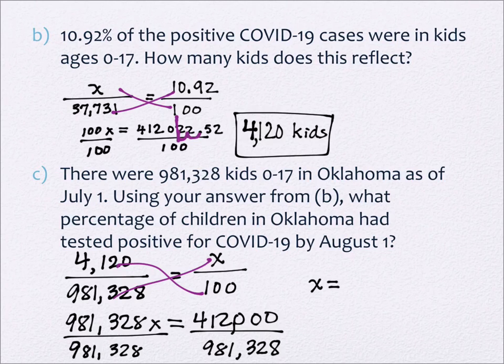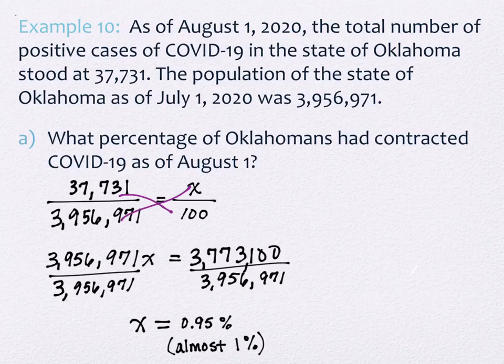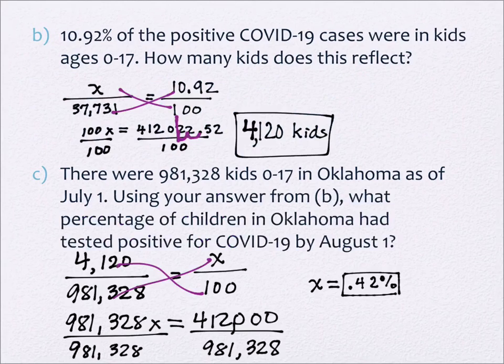And we actually find out that this number is what? 0.42%. Now that's not 42%, that's 0.42%. So that's less than half a percentage. At the very least, by comparison, it's less than the 0.95, right? The general population was 0.95. The children's population, if you will, was 0.42.